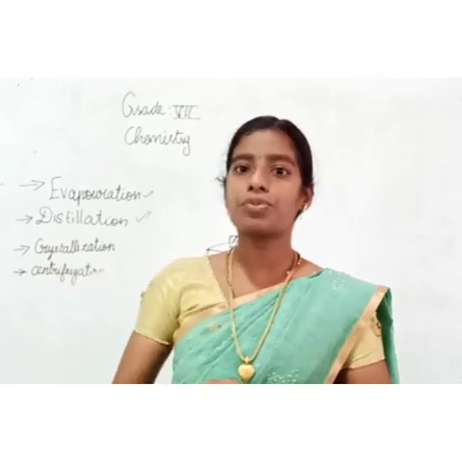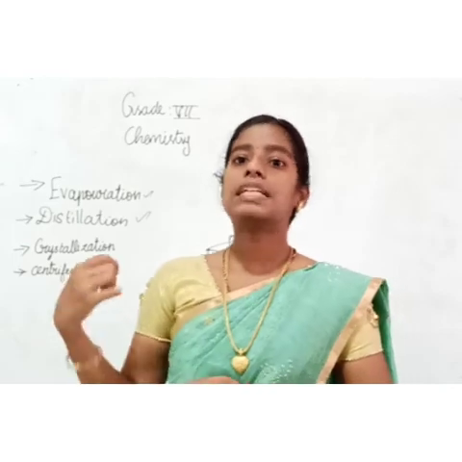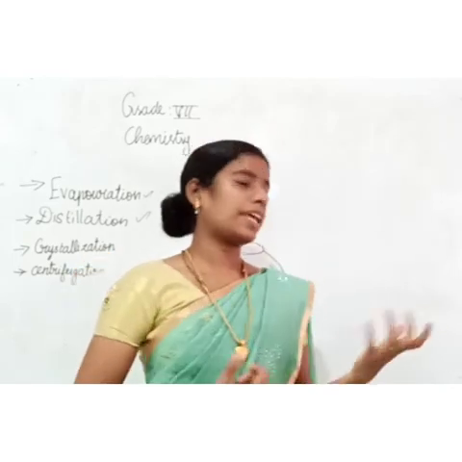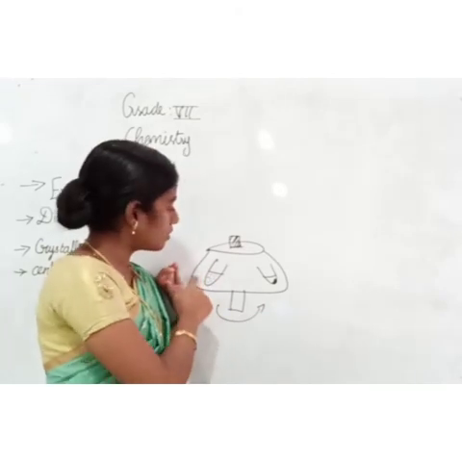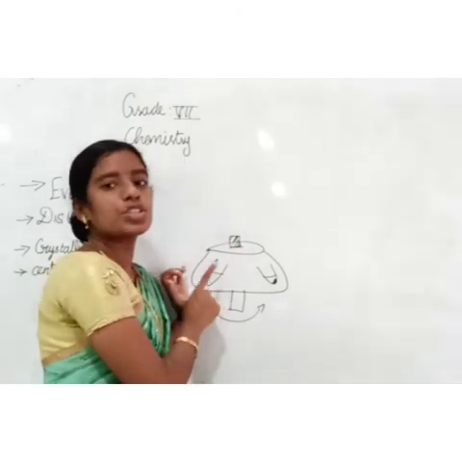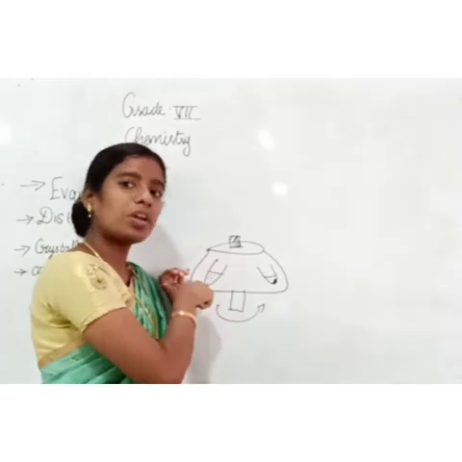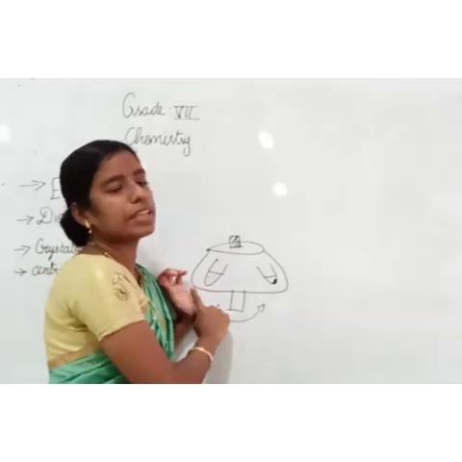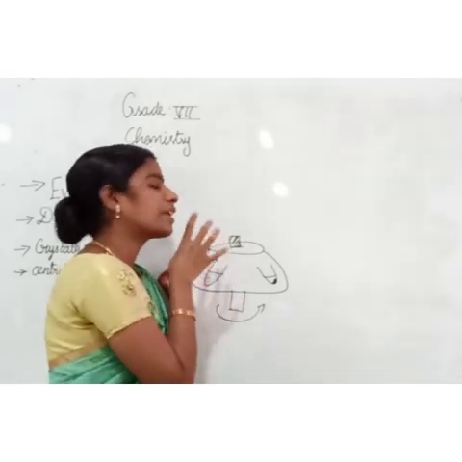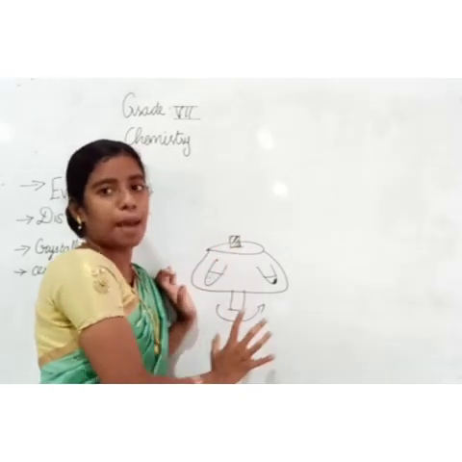How can this centrifugal force be applied for separation? We have to take a test tube, and there we keep the solid-liquid mixture to be separated. Then we have to keep this tube in the centrifuge. That's an apparatus.